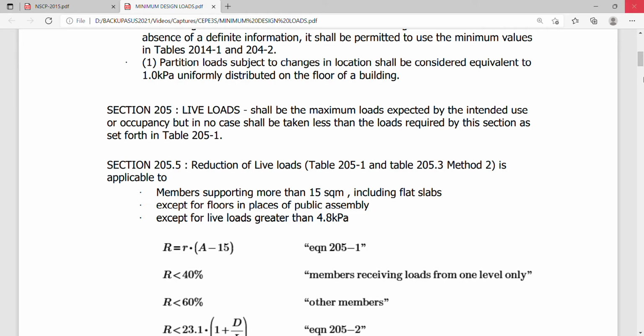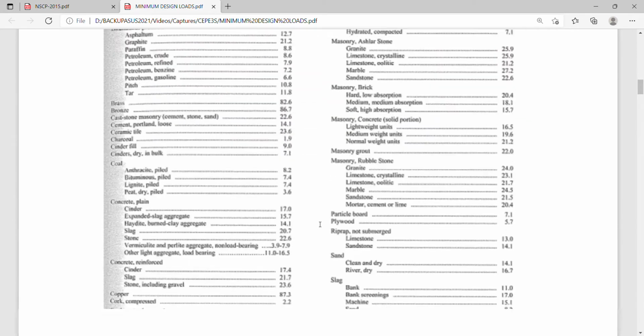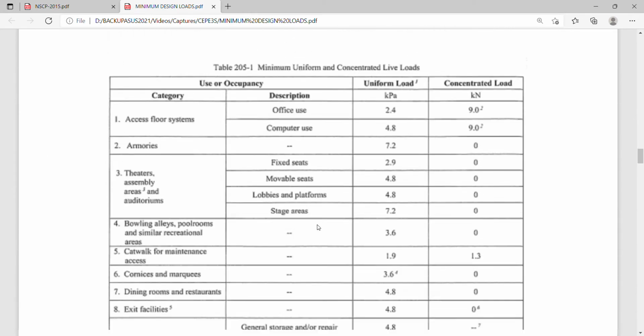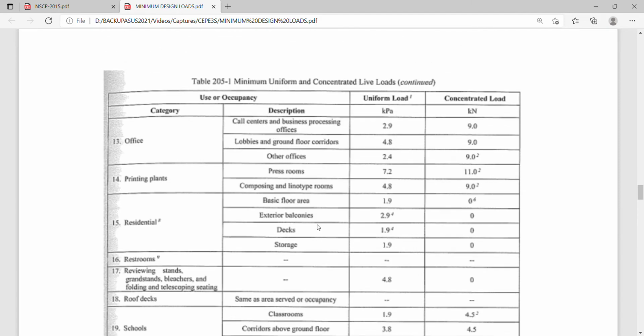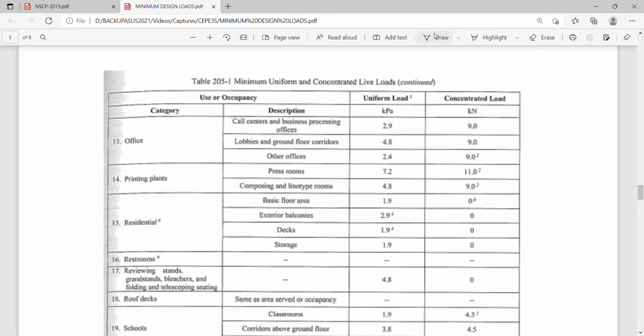Okay, let's first take a look at the table cited in that section. So this is Table 205-1.